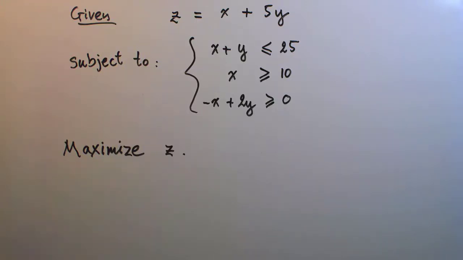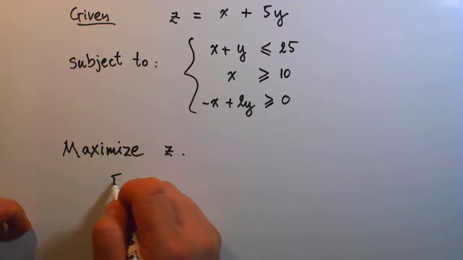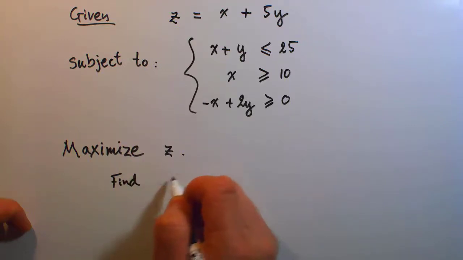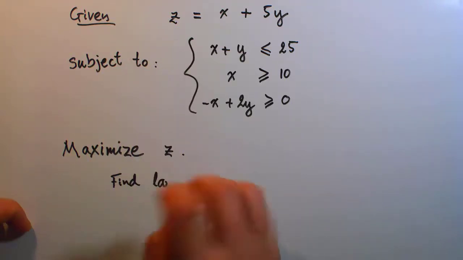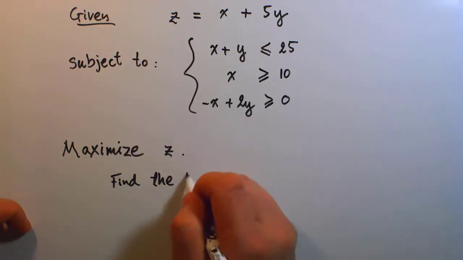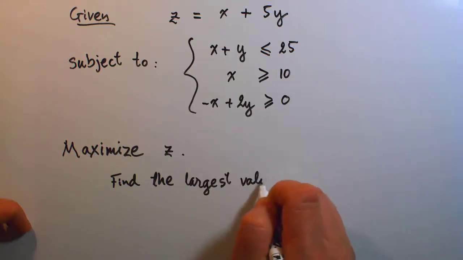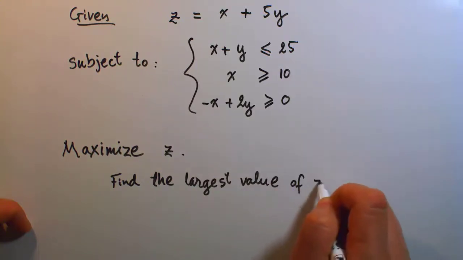So what it means here to maximize z is that we would like to first find the largest value of z.